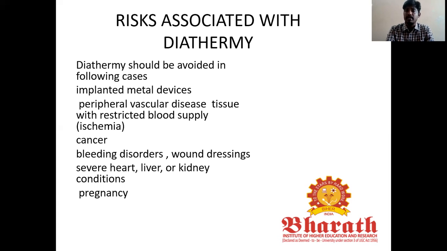After the stone treatment, they come directly for diathermy. It is one of the major risks. At the same time, patients with peripheral vascular problems, implanted metal devices, pacemakers, pregnant ladies and severe heart disease patients are at risk. Long-term chronic disease patients will also be affected if they directly use a diathermy machine.